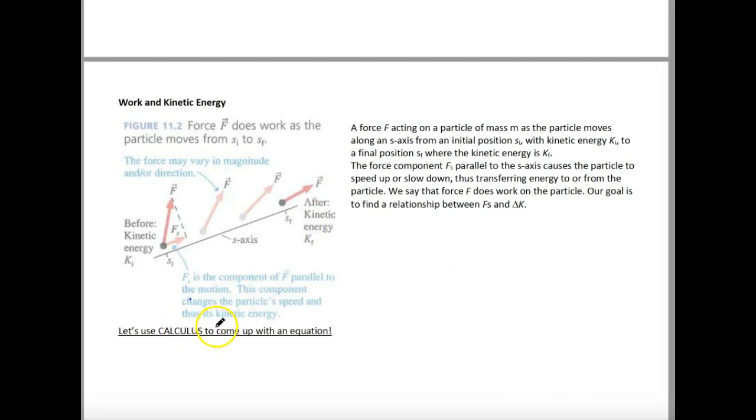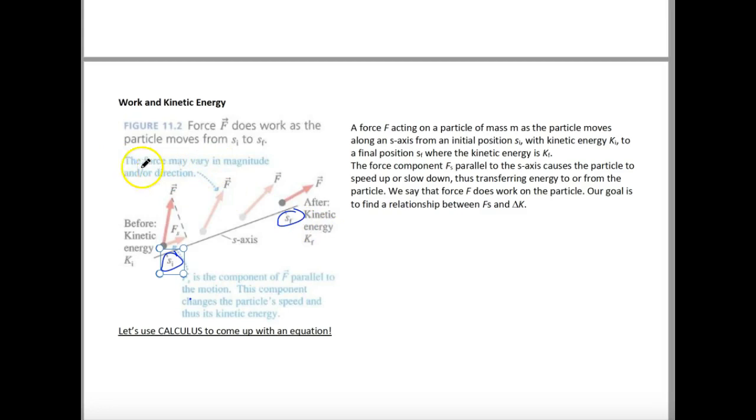We're going to do basically the same thing that we've been doing this entire unit. So here we've got a force. It is working on the particle, and it is moving it from an initial position, s_i, to a final position, s_f. It has no kinetic energy at the beginning, or has very little, and as we apply that force, then we increase the kinetic energy.